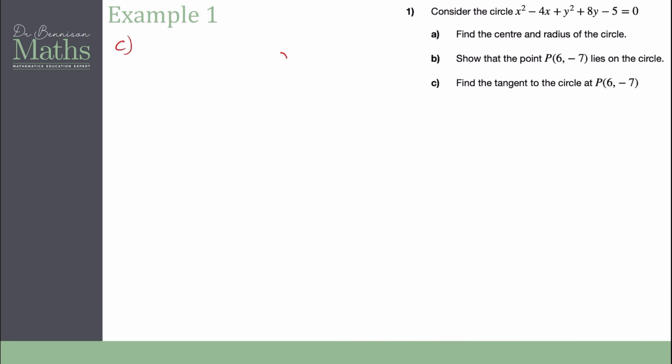Part C then. Got my circle, drop my centre to -4. That must be the point P. I'm finding this tangent here.